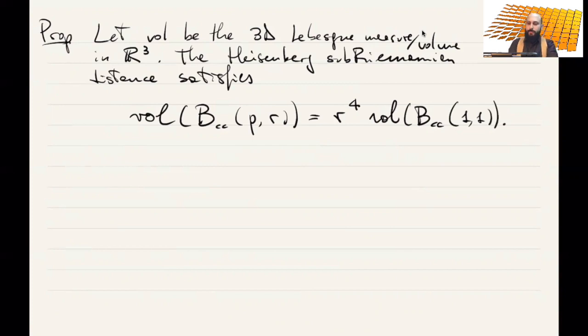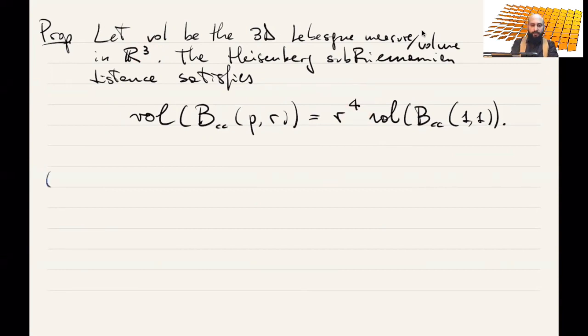Okay, so before proving it, let's try to understand why this 4 is here. It's really a strange phenomenon, because now we are in R3, where the Euclidean balls have volumes that grow as the radius to the 3rd power. But here there is no 3, it's 4. And why is this? This is because of the dilations, which are inhomogeneous. Remember?